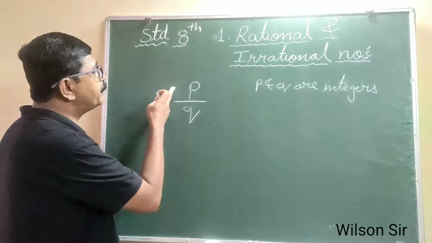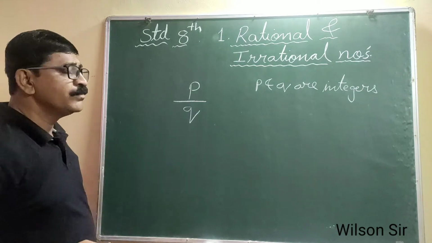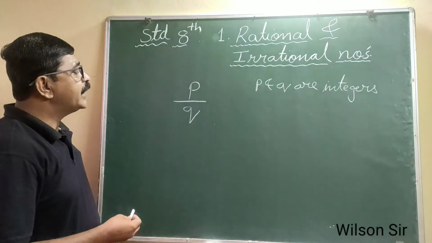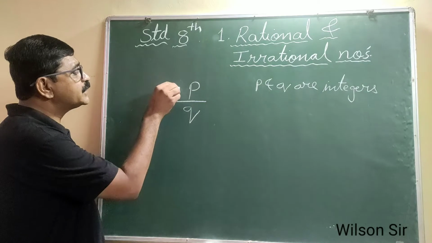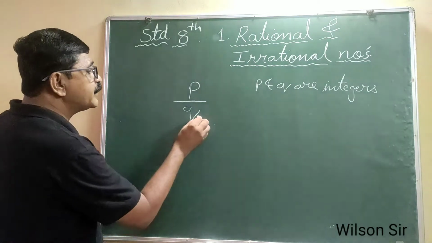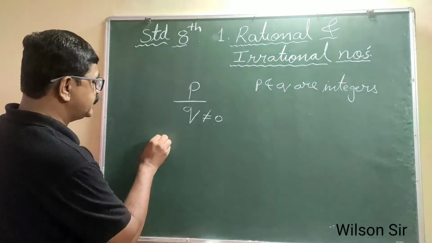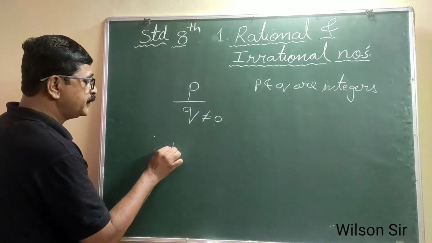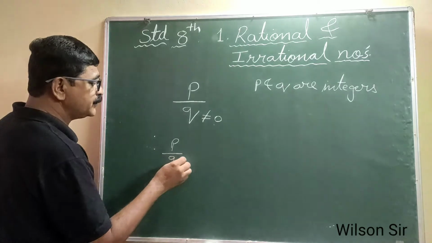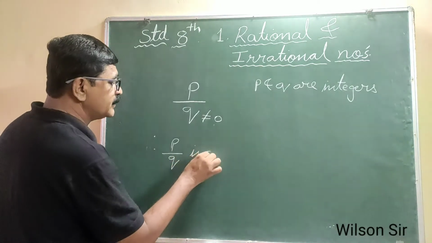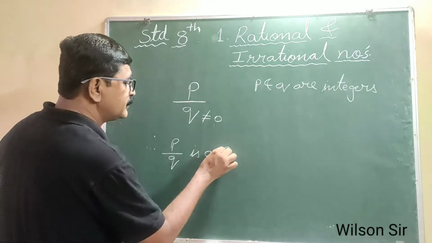When P and Q both are integers and we have them in the form of numerator and denominator, where Q is not equal to 0, then P upon Q is a rational number.